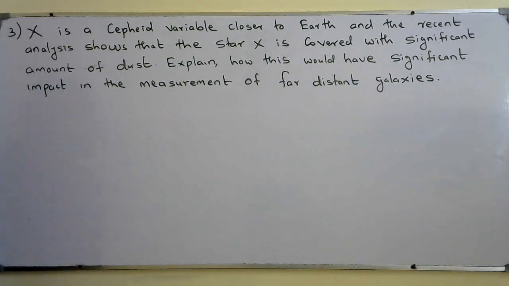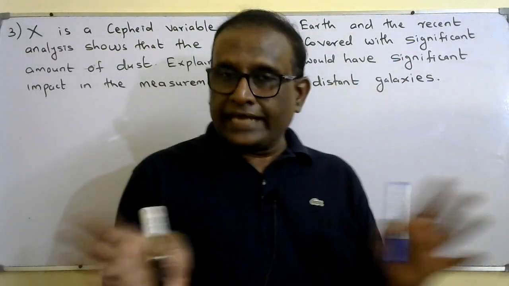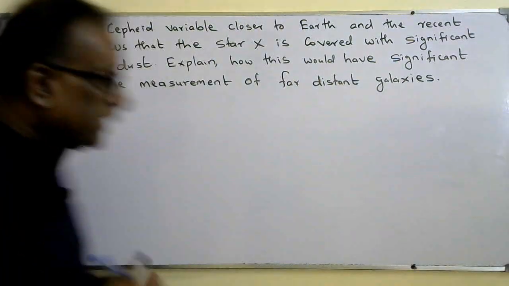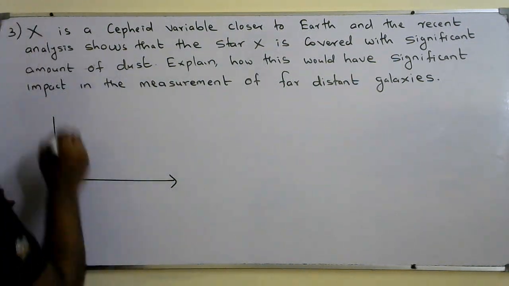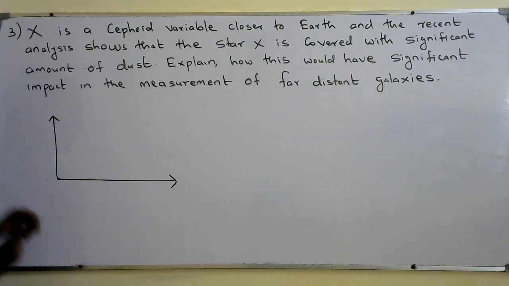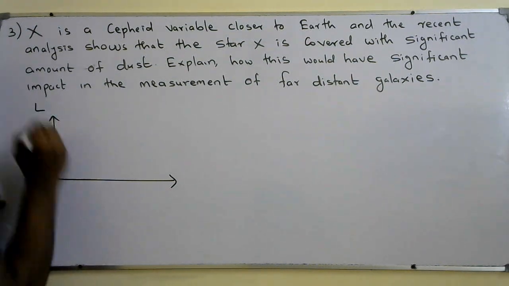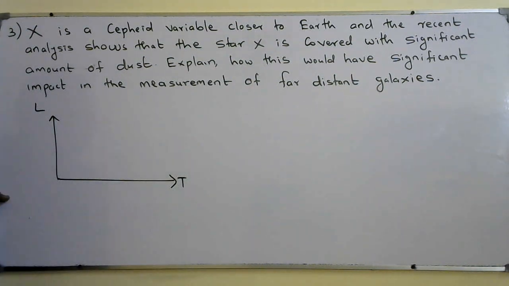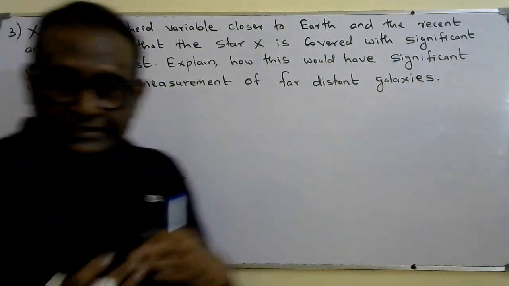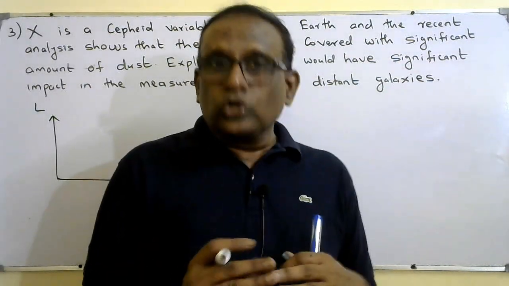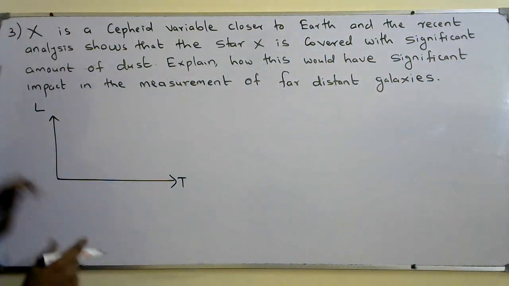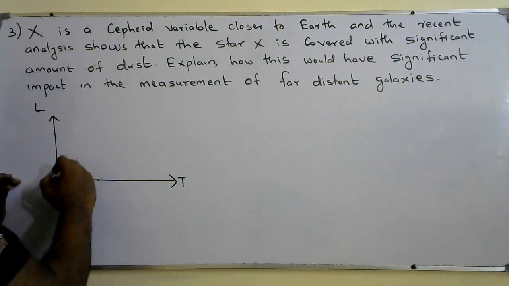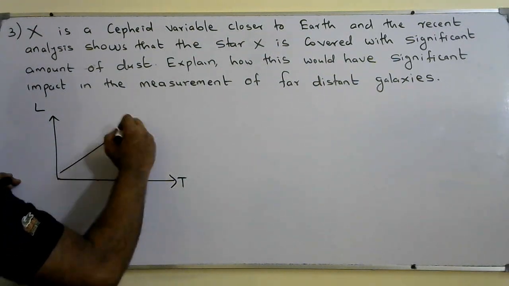So the time period of expansion and contraction of X has no change. We plot a graph with luminosity on the y-axis against time period. Using this data, where we know the intensity of X is lower, for a particular time period we got a graph something like this.